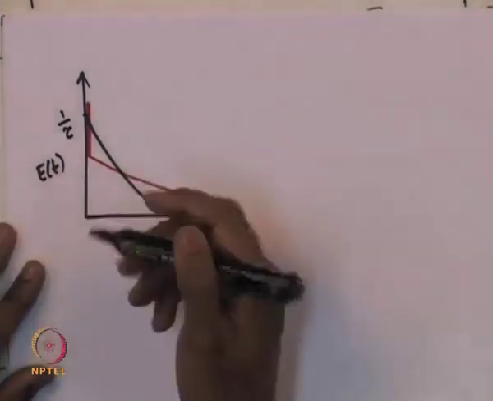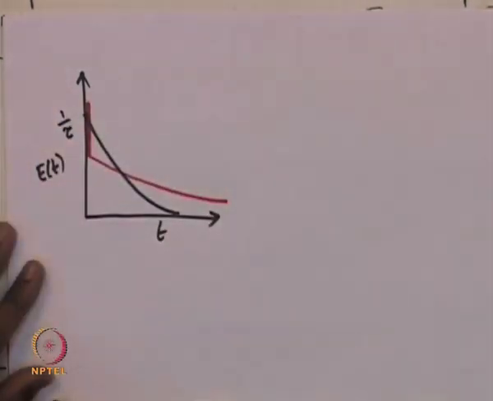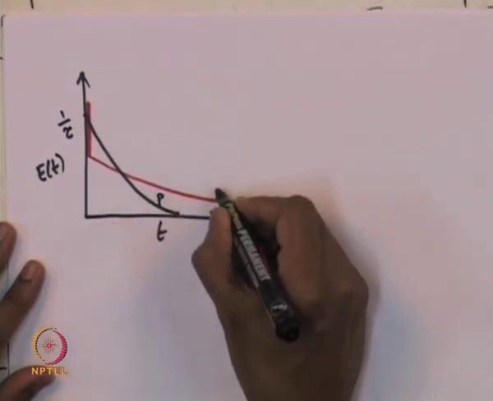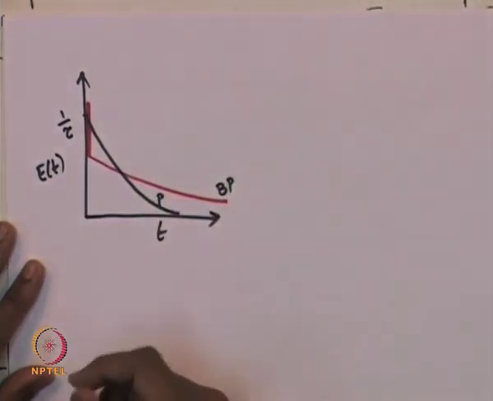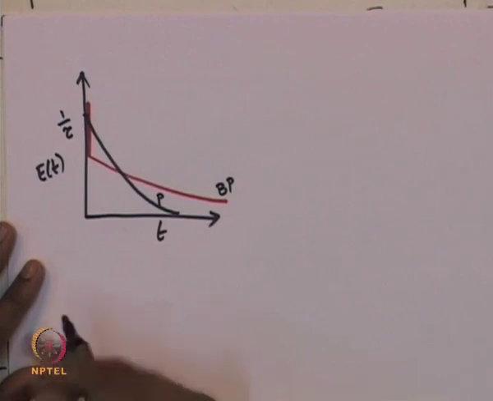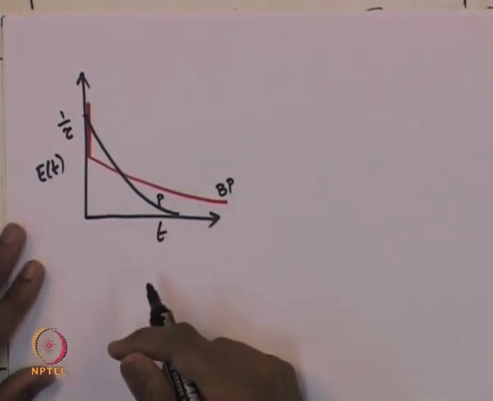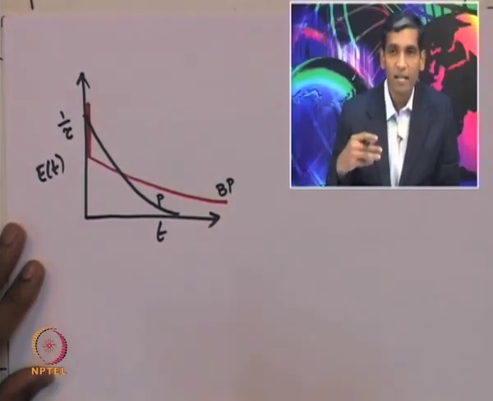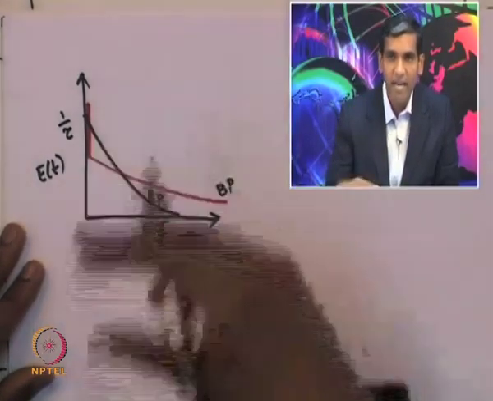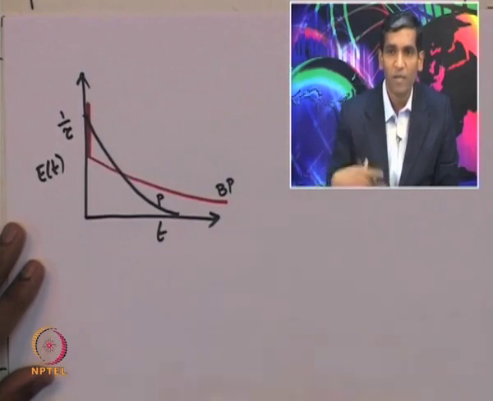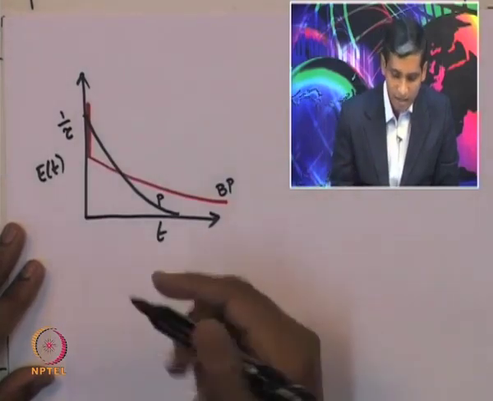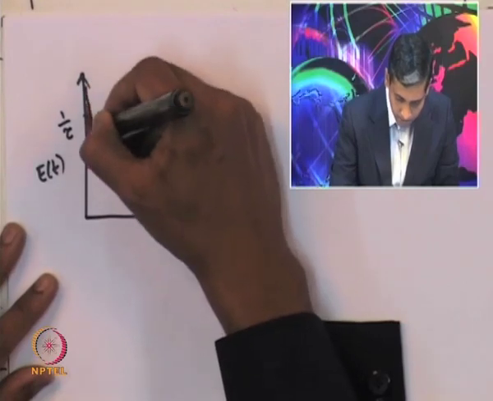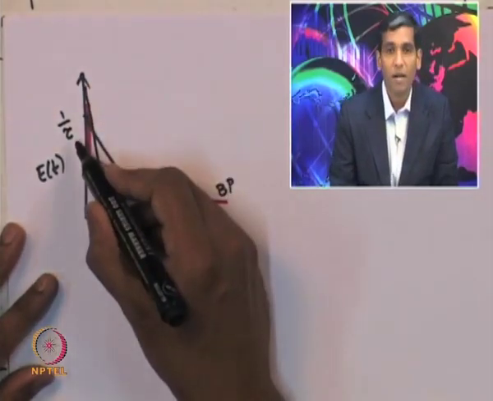Now, suppose this corresponds to the perfect operation, and this corresponds to bypassing. If there were dead volume inside the reactor, we just noted a few moments ago that the decay of the E curve is going to be significantly faster, and therefore the curve starts above 1 by tau.